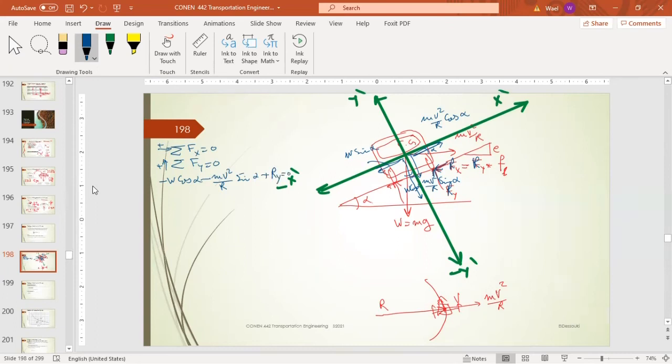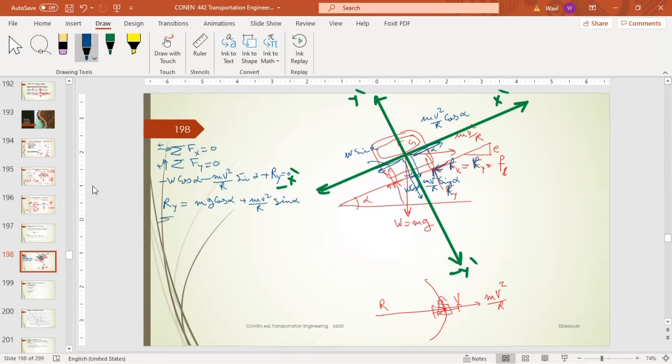This should equal 0. So that means ry equals mg cosine alpha plus mv square divided by r sine alpha.